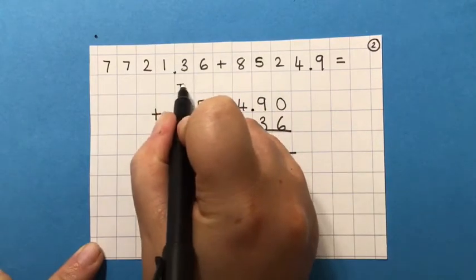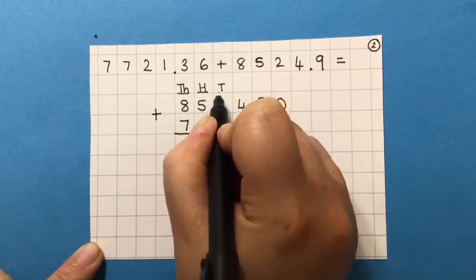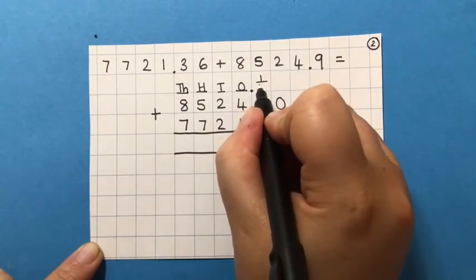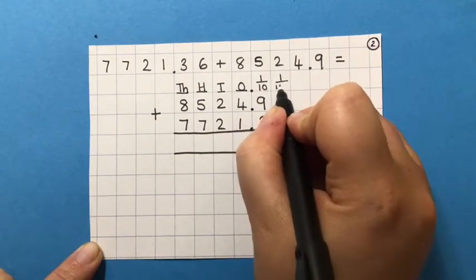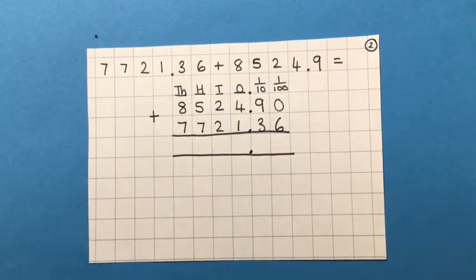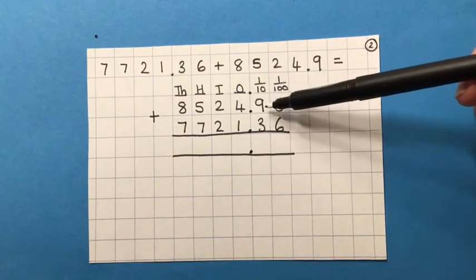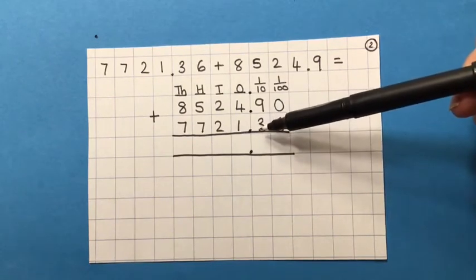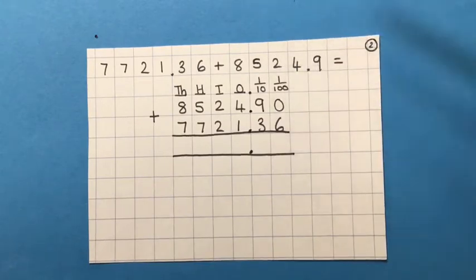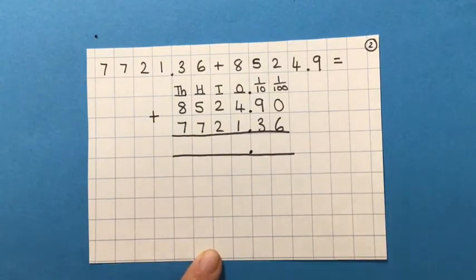So we've got our thousands, our hundreds, our tens, our ones, and then we've got tenths and hundredths. Noticing the difference between tens and tenths, okay, and hundredths. So that means that this one here is 9/10, add 3/10, okay? And then we've got 0 hundredths, add 6 hundredths. That's basically what that is. That just helps you a little bit with the knowledge of the numbers and the place value of them.